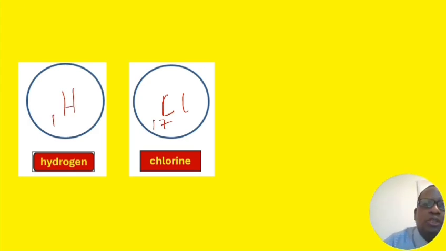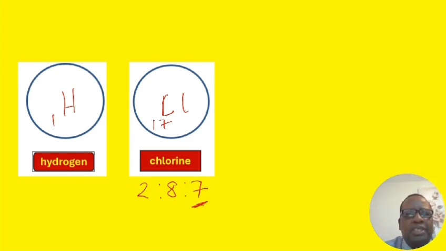You are not going to put all the 17 electrons for chlorine in the outer shell. You've got to come up with what is called the electron configuration for chlorine. How many electrons are in the first shell? How many electrons are in the second shell? So the electron configuration for chlorine is 2, 8, 7. That's why chlorine is in group 7.